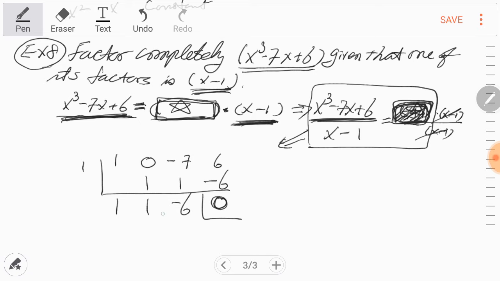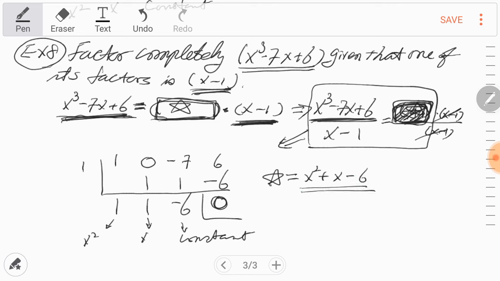Then the star part is: this is the constant, 1 is the coefficient of x, and this is x squared. So the expression for the star is x squared plus x minus 6.